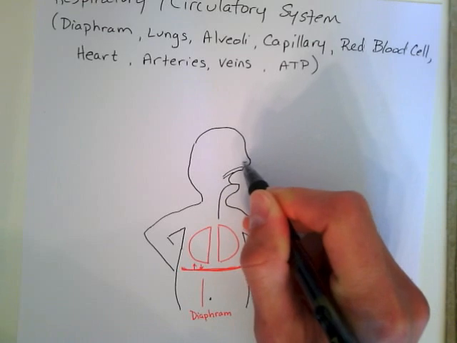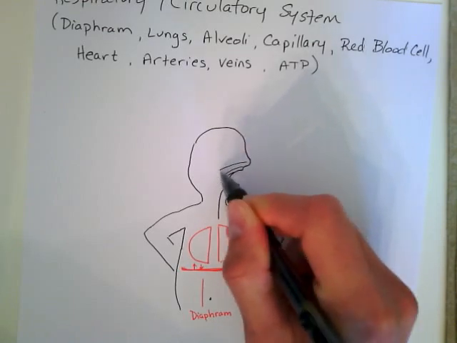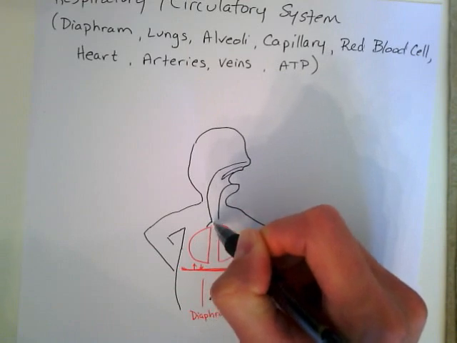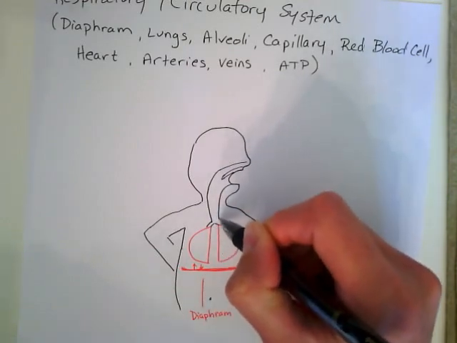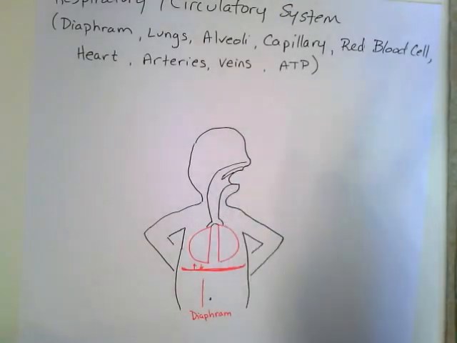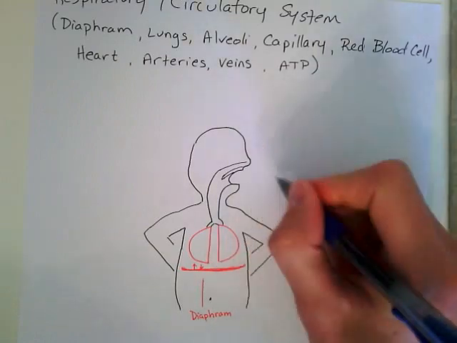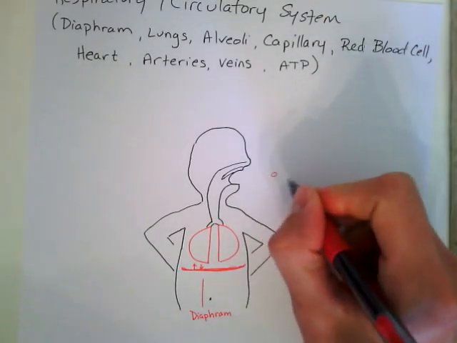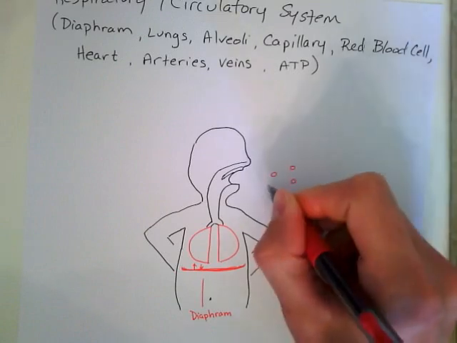Let's not forget about the nose, a very important part. And then it branches off, one to one lung and the other to the other lung, and both lungs work together to pull in that oxygen. So the lungs expand, oxygen from the outside comes in, and it's kind of spaced out.